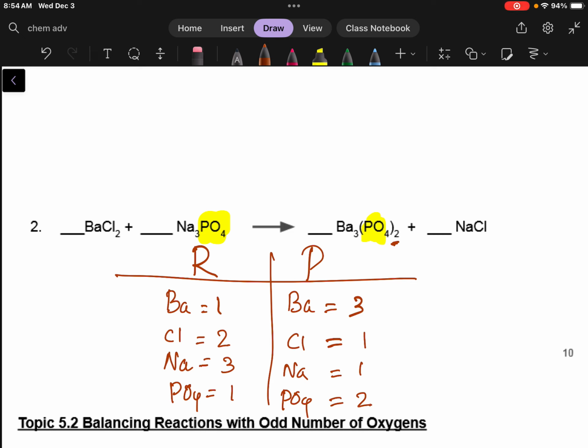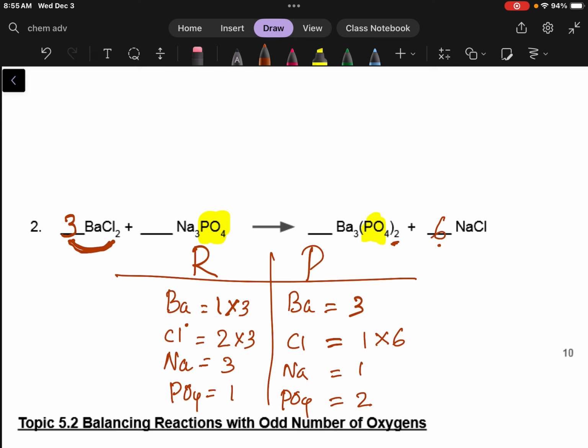Okay, so now we are going to balance the elements. There is 1 Ba here, 3 Ba here, and you are going to multiply with what? 3. So I am going to multiply this with the 3. What happened to chlorine? 3 times 2 becomes 6. So chlorine is 6. I have to make this into 6 by multiplying with the 6.